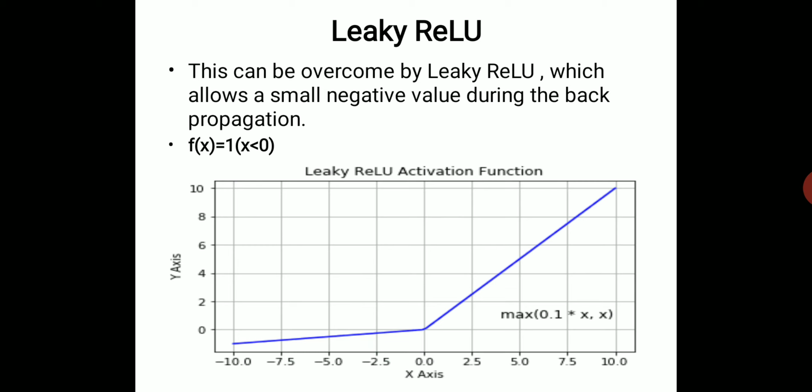Leaky ReLU. The leaky ReLU is used as an advanced version of the rectified linear unit, because in rectified linear unit we cannot use the negative value, but in leaky ReLU we can use a small negative value during backpropagation. Its function is f(x) = x where x is greater than 0, and for negative x it gives the maximum of 0.1 times x and x.